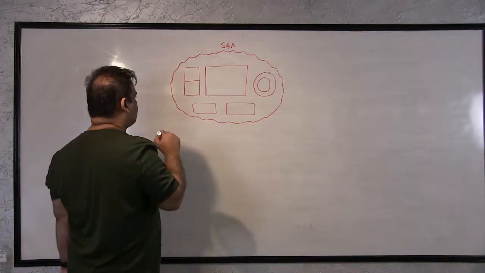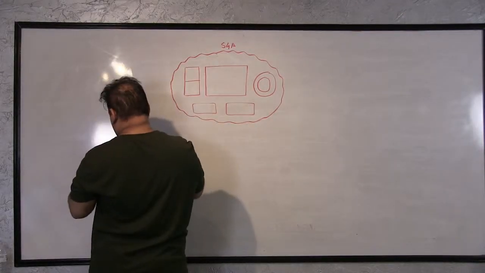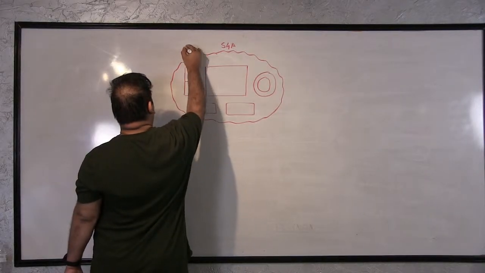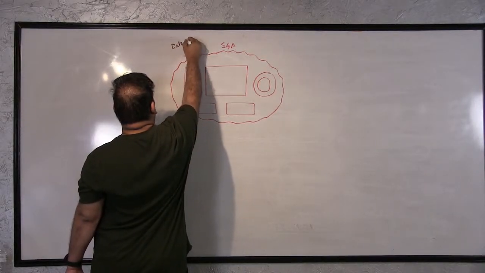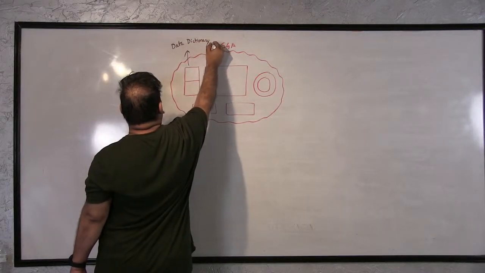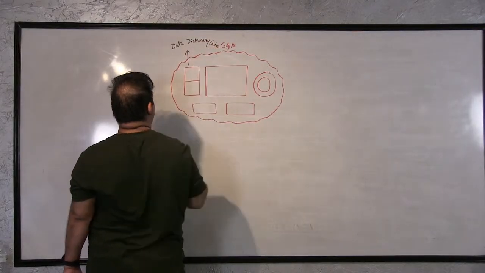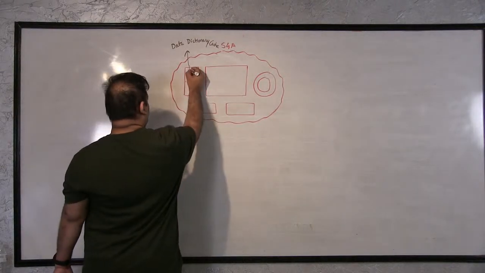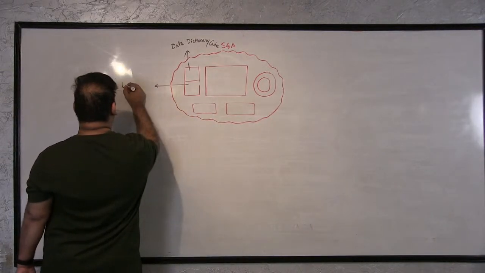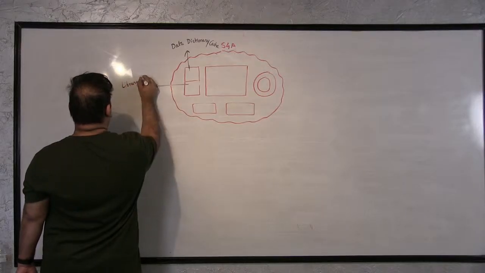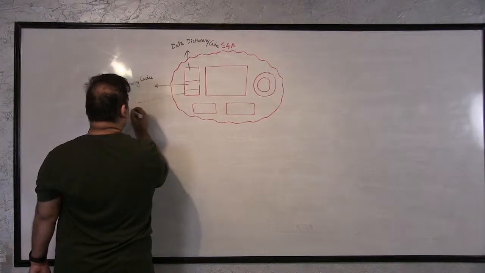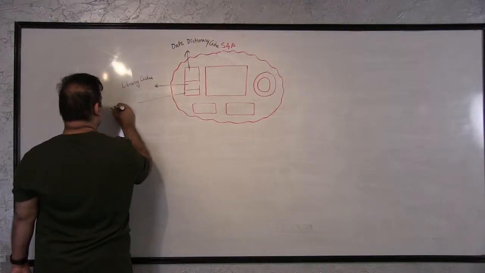For example, I'm going to give the names, and then we will come back, and when we do the SGA, we will look into it. This is called Data Dictionary Cache. This area is called library cache. And then you have this area which is called results cache.